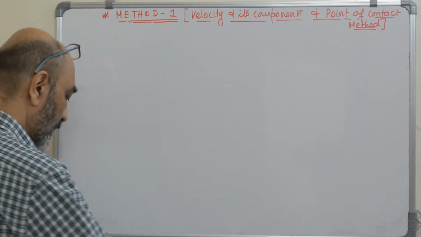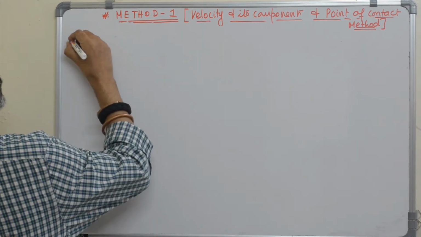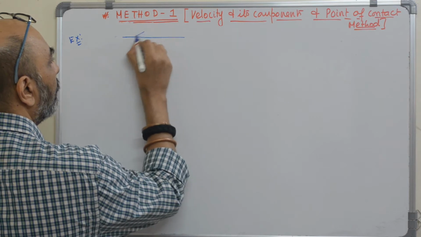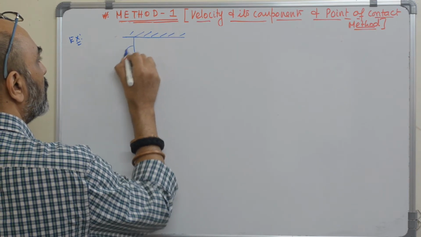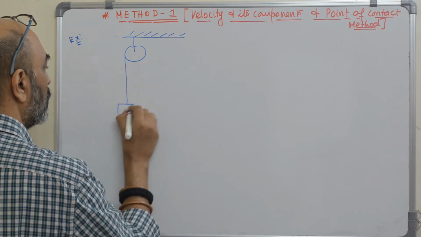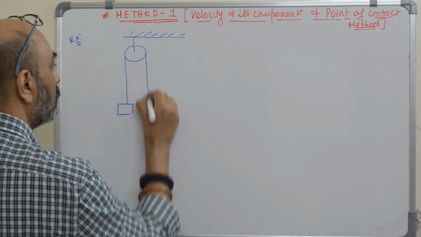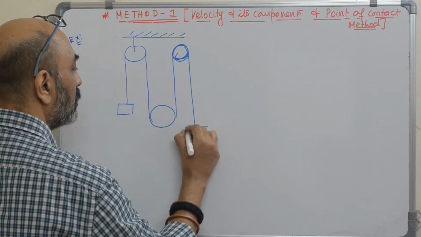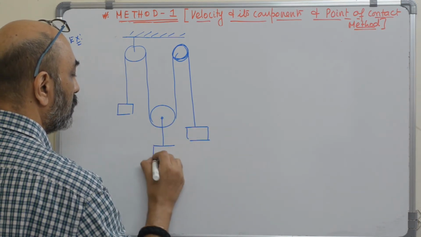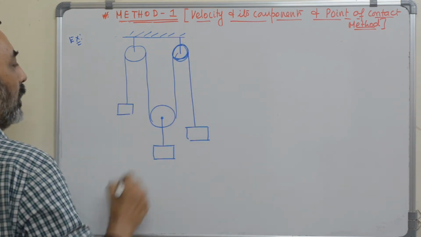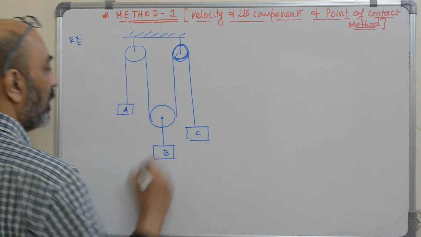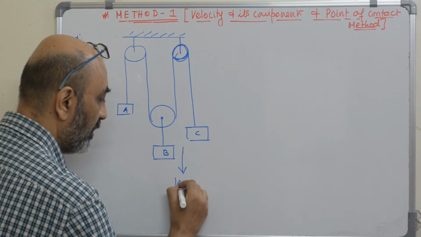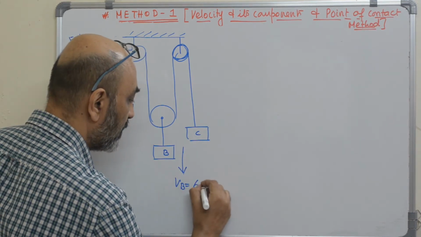We are talking about example 9. Example 9 mein we have rigid support, block, हाँ, ये है A, ये है B, ये है C. Now A over here, or rather B over here, VB is moving down with a speed of 6 meter per second.